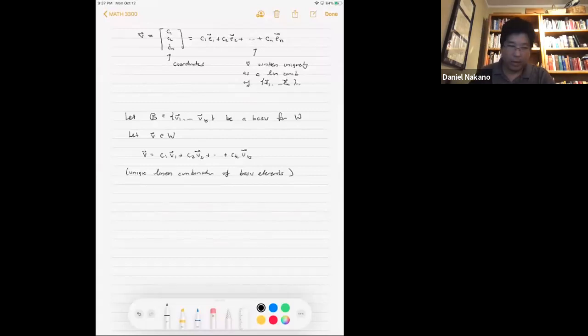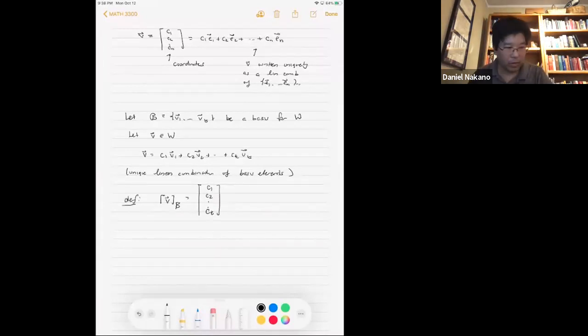All right, so now we can make the following definition. We can define a coordinate version of the vector v, written in terms of the coordinates c1, c2, up to ct.